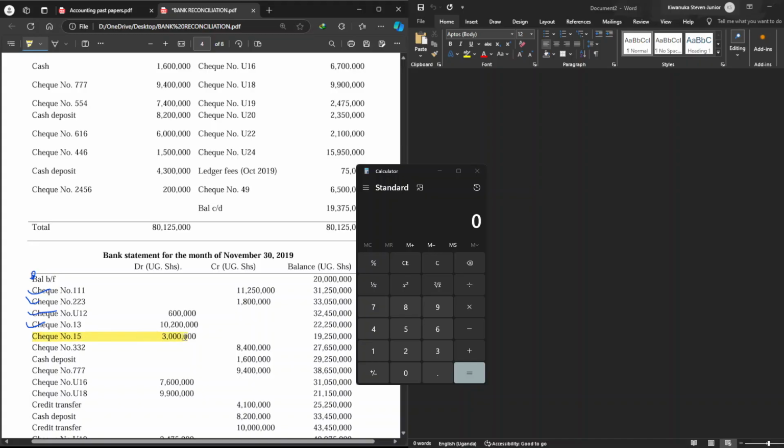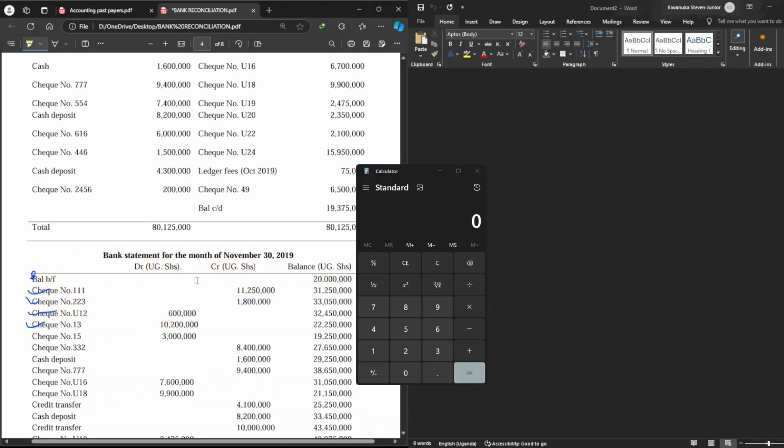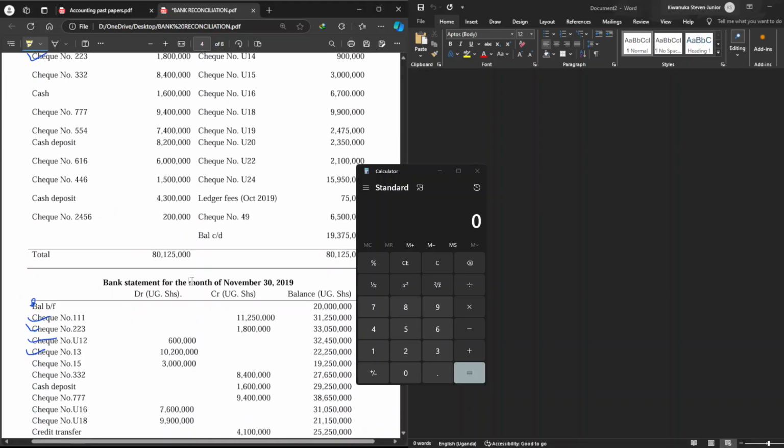It is appearing here, but not appearing, oh sorry. We'll see that check number 15, it is here and it has an issue, so we want to comment.